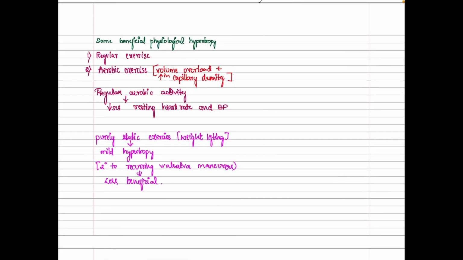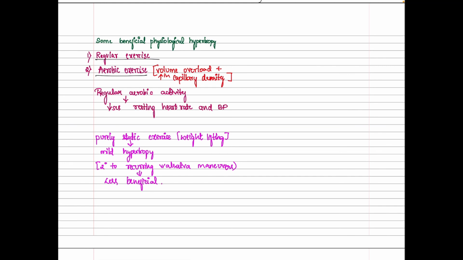Now let's see some good news about hypertrophy. This is only in physiological hypertrophy. Regular exercise and aerobic exercise all lead to volume overload plus an increase in capillary density.